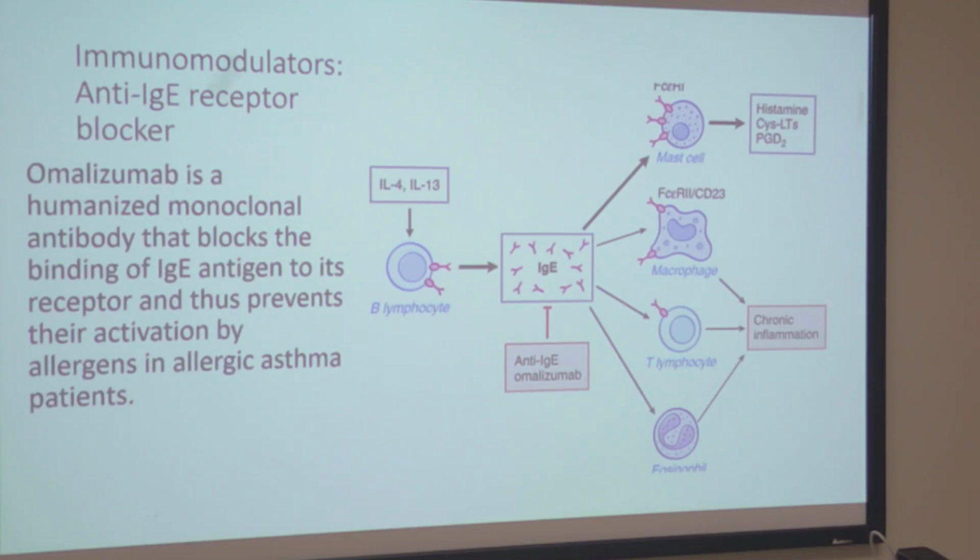The antibodies bind to the antigen. The antibody-antigen combination will nullify the antigen's effect. So it will block the antigen from binding to the receptors or producing the pro-inflammatory mediators. So it is an effective treatment, very targeted, very specific.